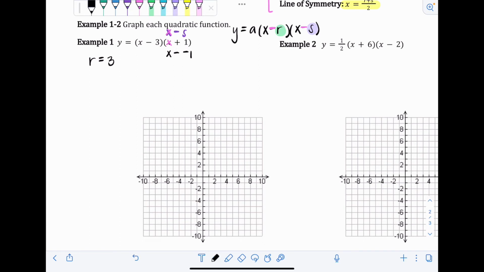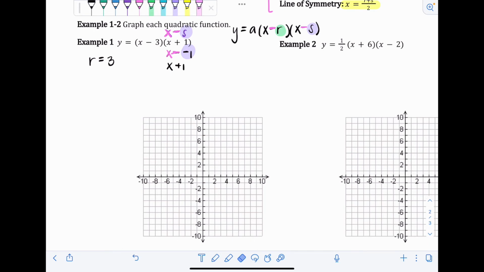So x minus -1 would turn into x plus 1, and that's exactly what it does here. So the x matches, the minus matches now, and s must just be -1.